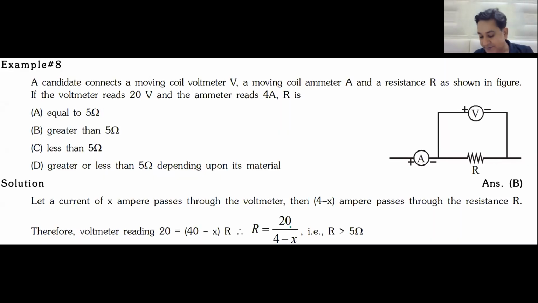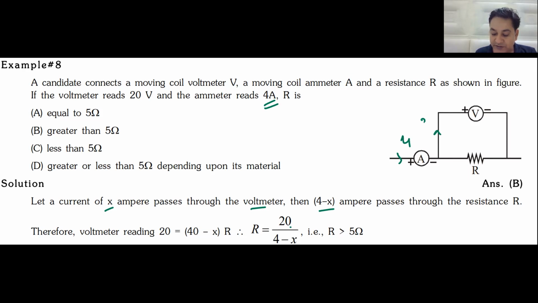See, it's a very simple thing. Whatever current passes through the voltmeter, the rest of the current out of the total current, which is 4, goes through the resistor. So if X goes through the voltmeter, 4 minus X goes through the resistor. And the voltmeter is reading the voltage drop across the resistor.